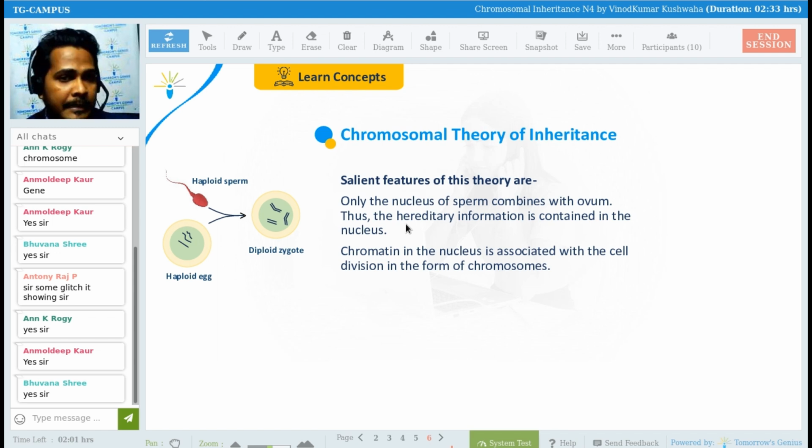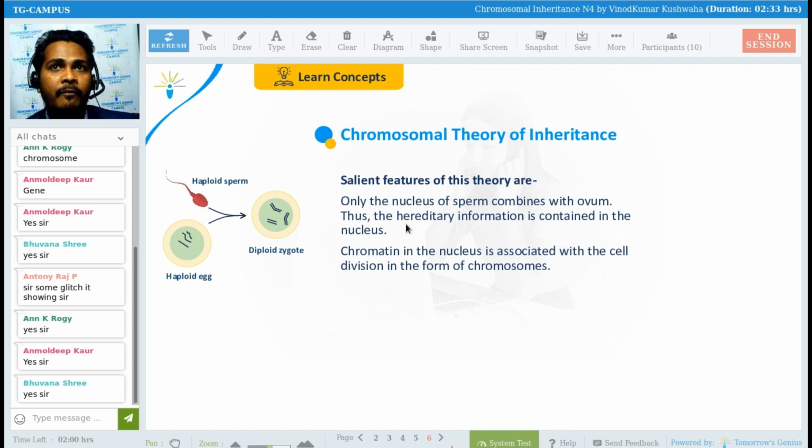What is a gamete? It is a sperm and ova. The gametes constitute the bridge from one generation to the next generation.